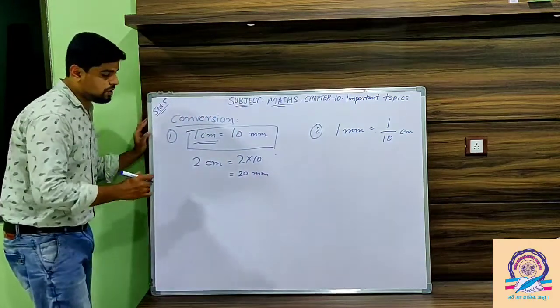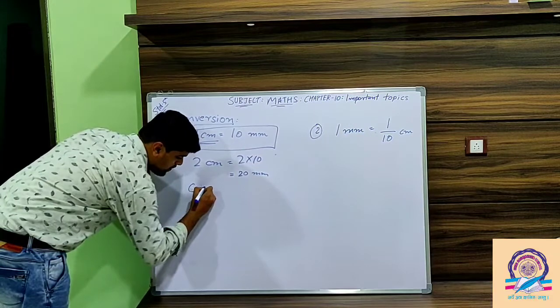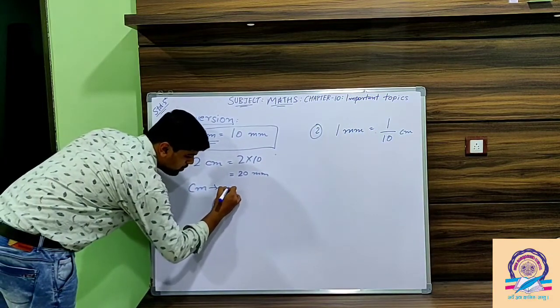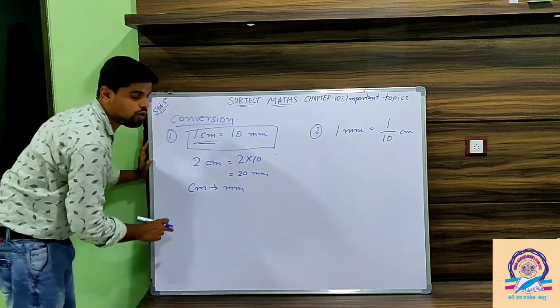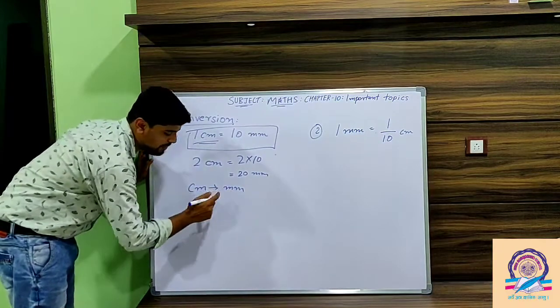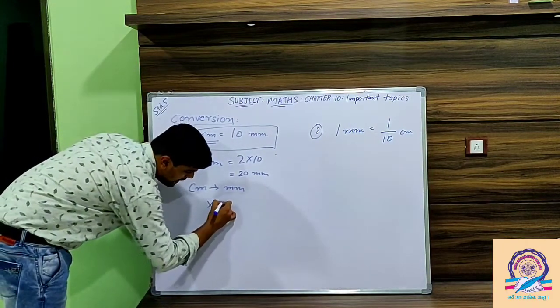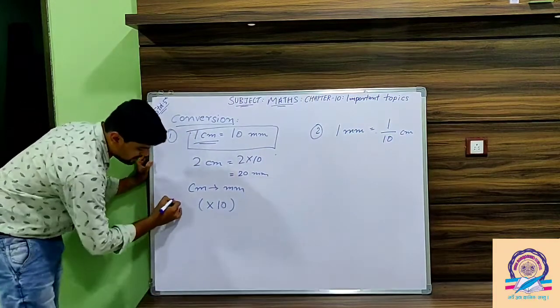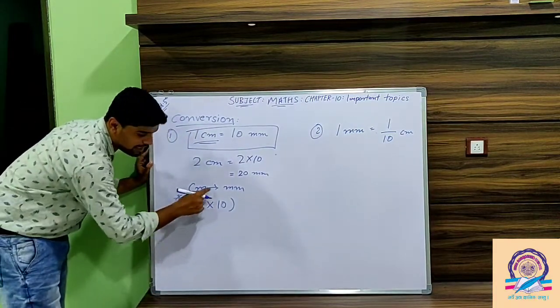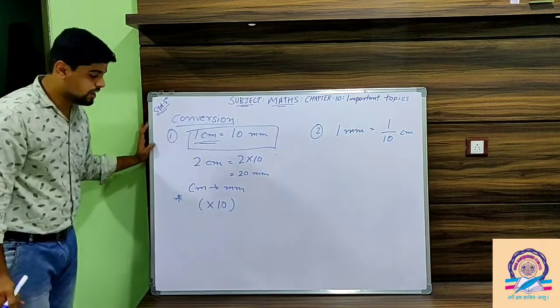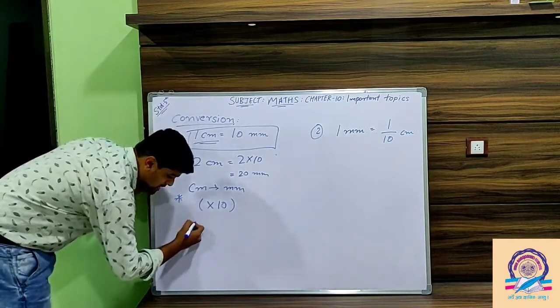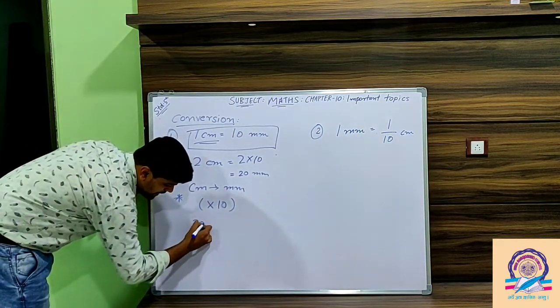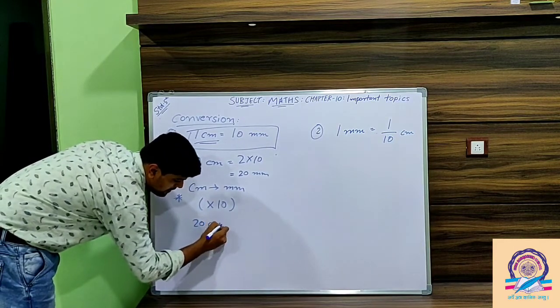So the first point to remember: if you want to convert centimeter to millimeter, multiply it by 10. This is the formula for converting centimeter to millimeter. If any number is given, let's take the example 20 centimeter.